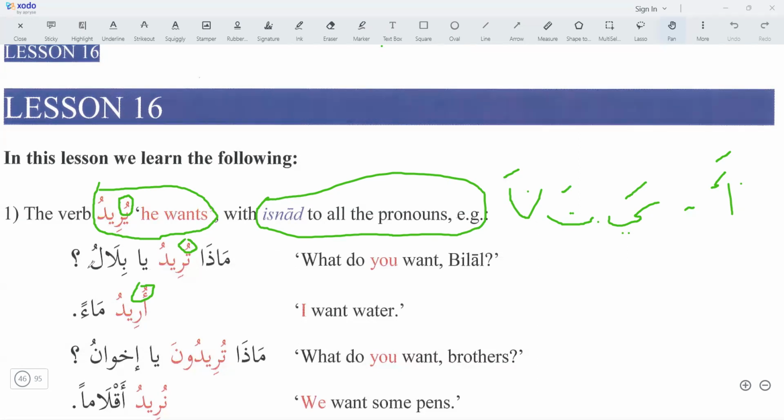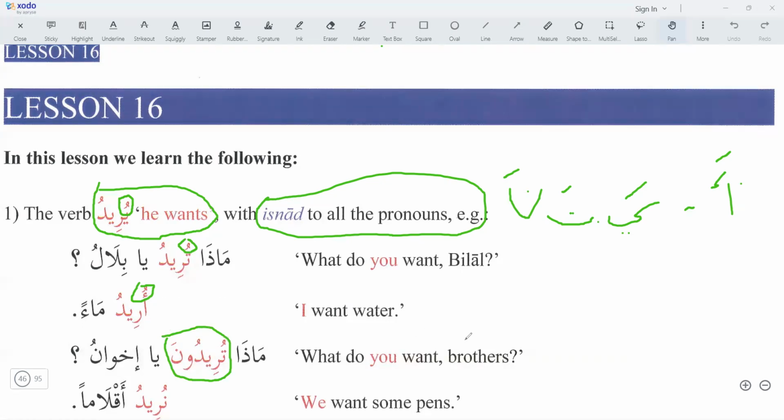Maza turidu ya Bilalu? What do you want, Bilal? Uridu ma'an, I want water. So here turidu and uridu take dhamma. Maza turiduna ya ikhwanu? Turiduna is second person plural.